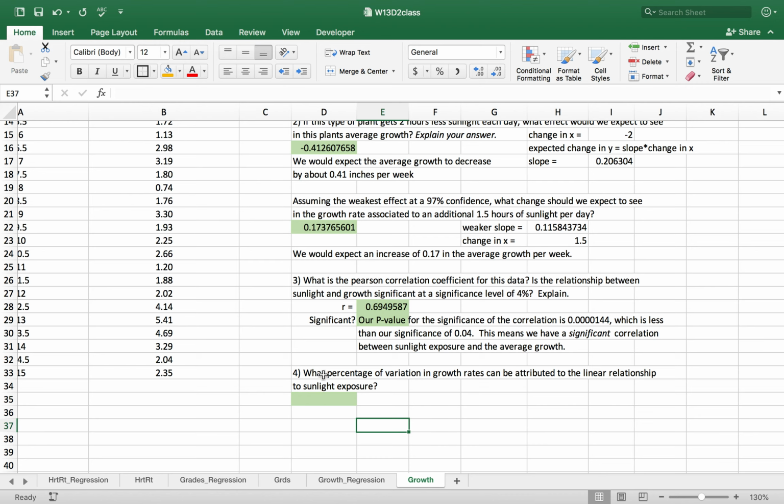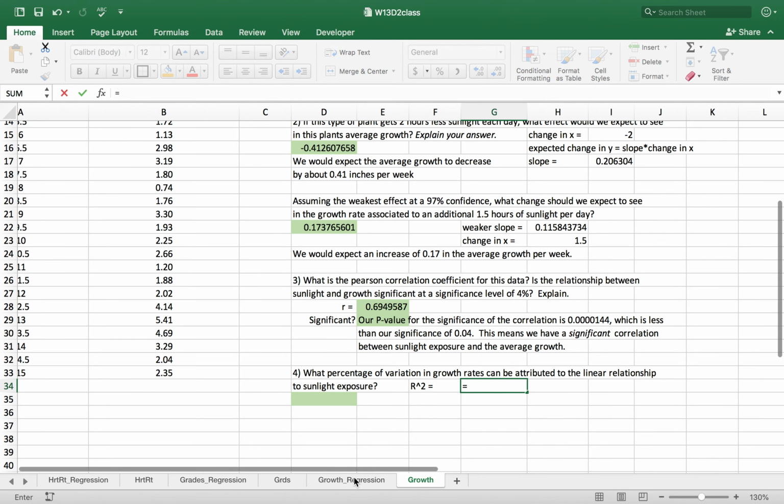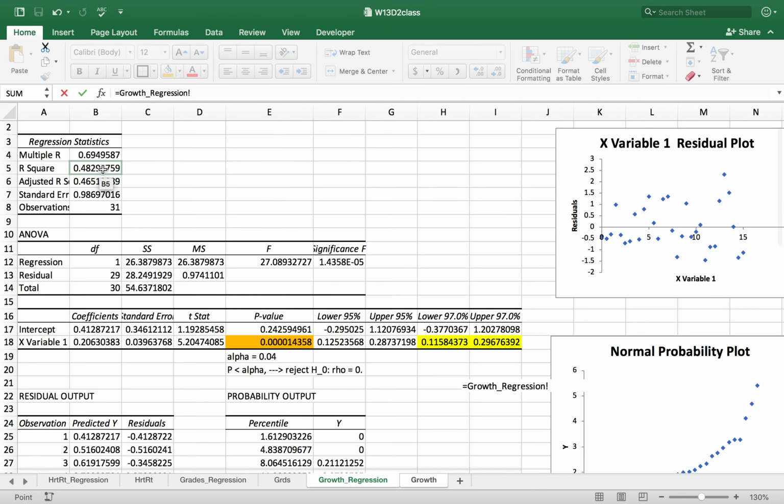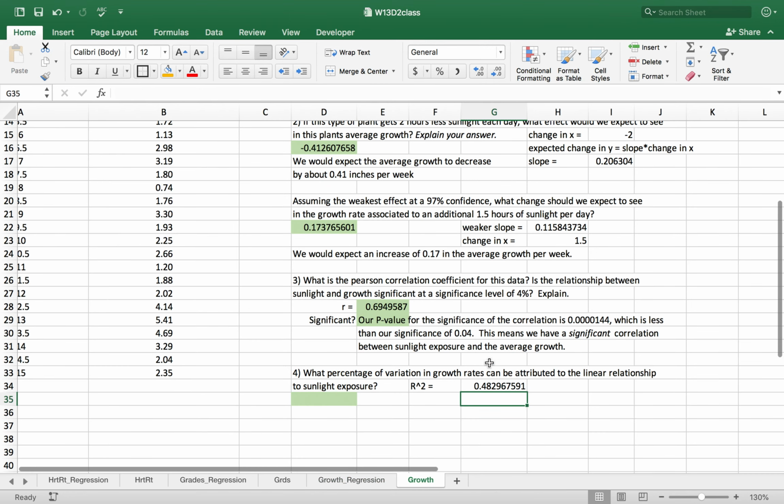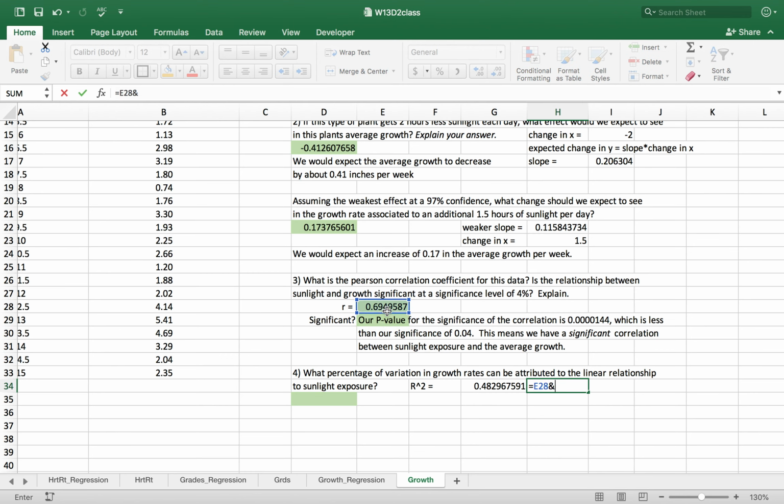All right, so whenever you see this percentage of variation attributed or explained by a linear relationship, hopefully you're thinking this is my r² value. We can grab this from our growth regression worksheet. So start your cell reference, pop in, grab the r² value. Remember, this is also equal to your Pearson correlation coefficient squared. So that's another way that you could get it.